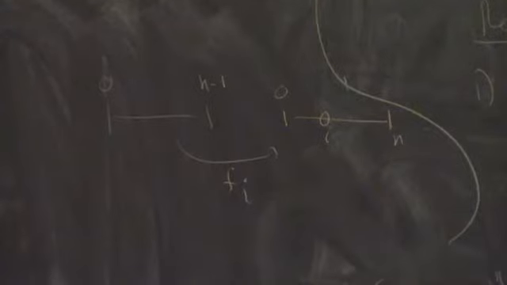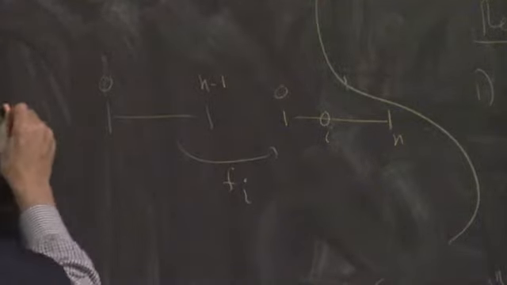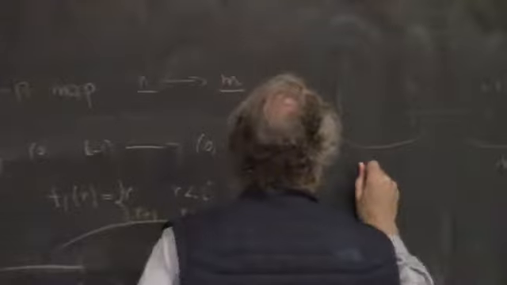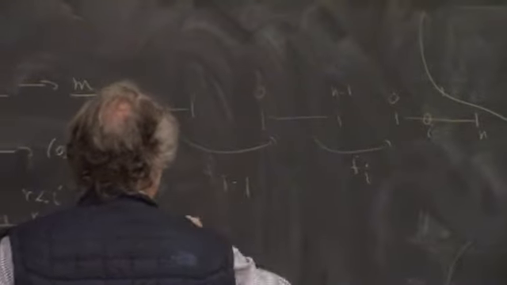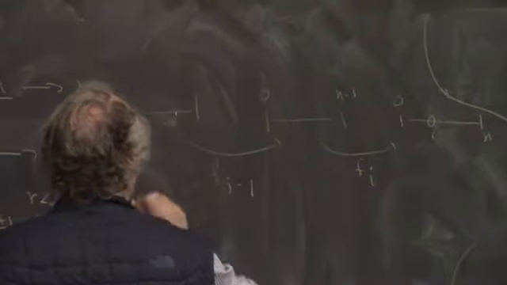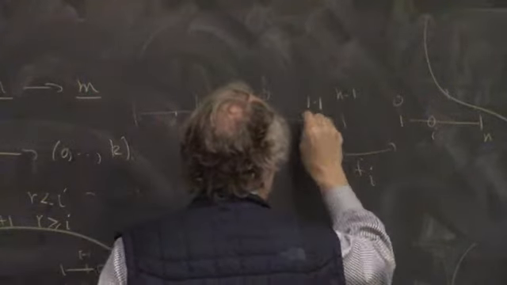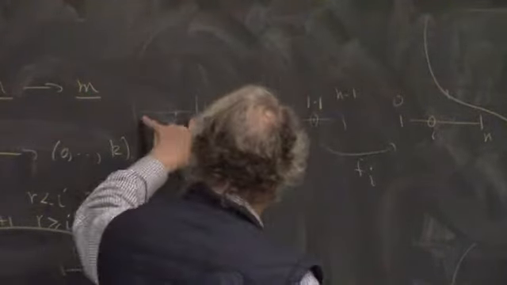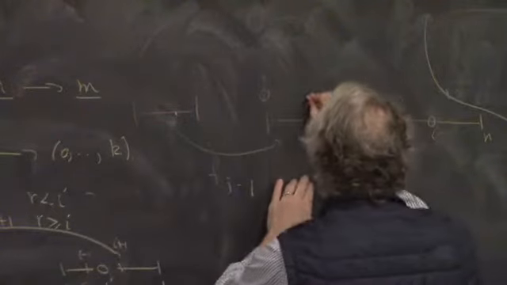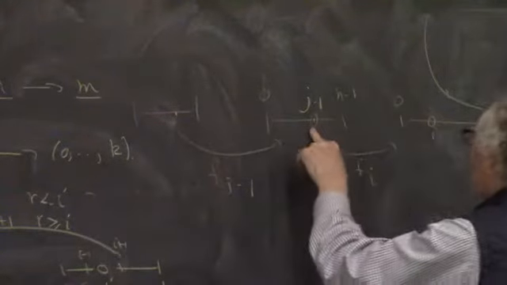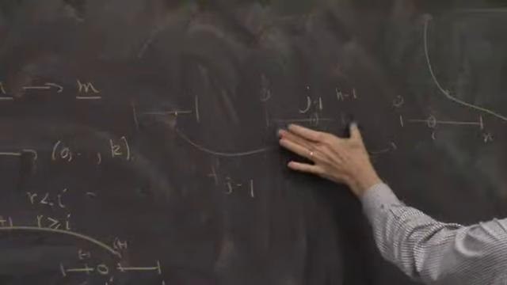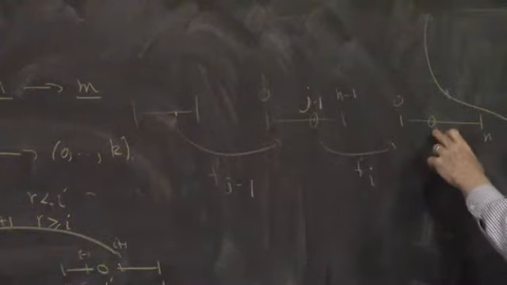And now I do face j minus 1 here. Well, that will leave out the vertex j minus 1. So the image of this map is everything except the vertex j minus 1, and the image of this map is everything except the vertex i.